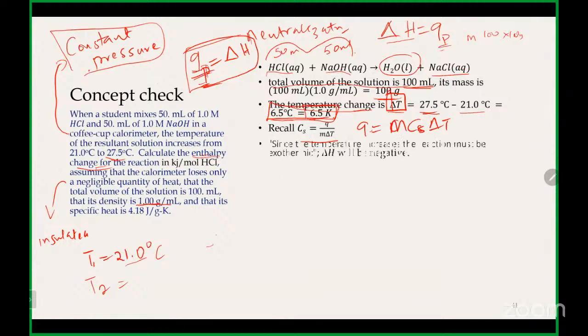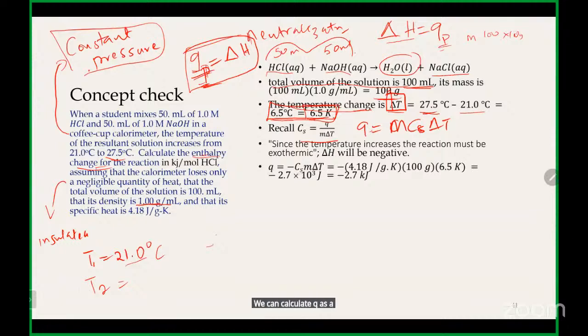So we can calculate Q as mC delta T. We can calculate it given that, according to the question, the temperature increases, so the reaction releases heat to the system.